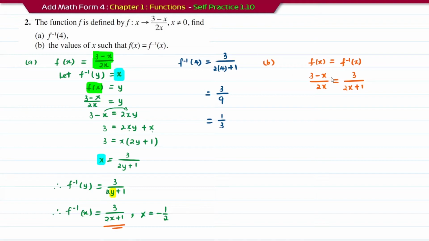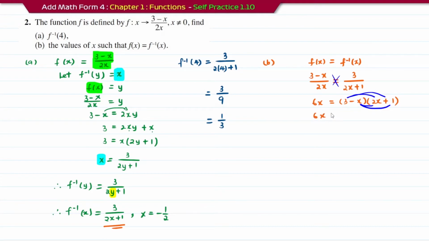Now next, we're going to do the cross multiplication for these parts. First, 2x multiplied by 3, you're going to have 6x. And for this side, this is (3 minus x) multiplied by (2x plus 1). So this one, you're going to do the expansion.